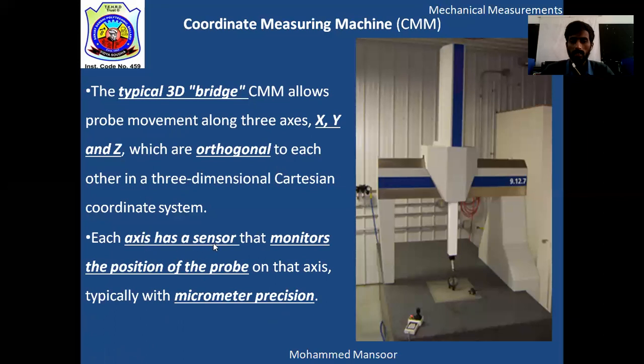Each axis has a sensor which monitors the position of the probe, and it makes use of a precise micrometer.